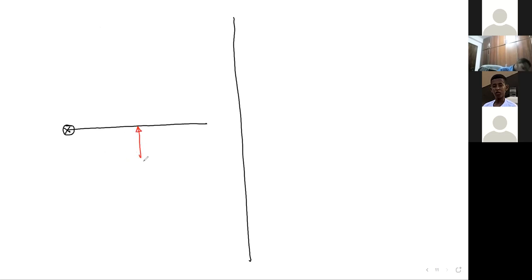Let's say the force is 10 Newton. And the second person is applying a force like this on the rod. And let's say there is a third person applying the force here on the same rod, exactly the same rod.